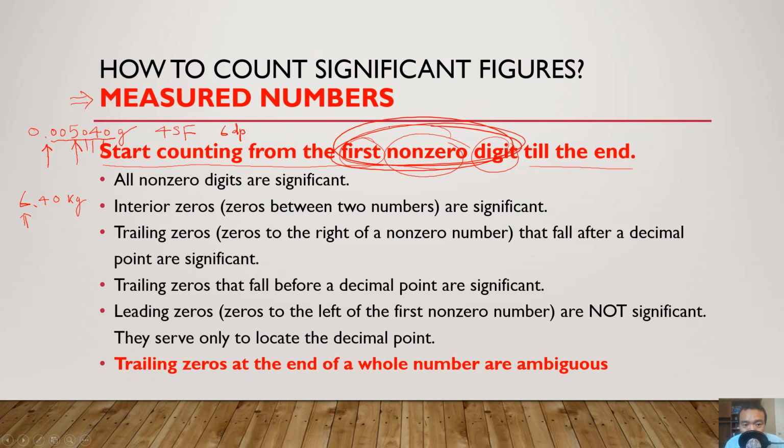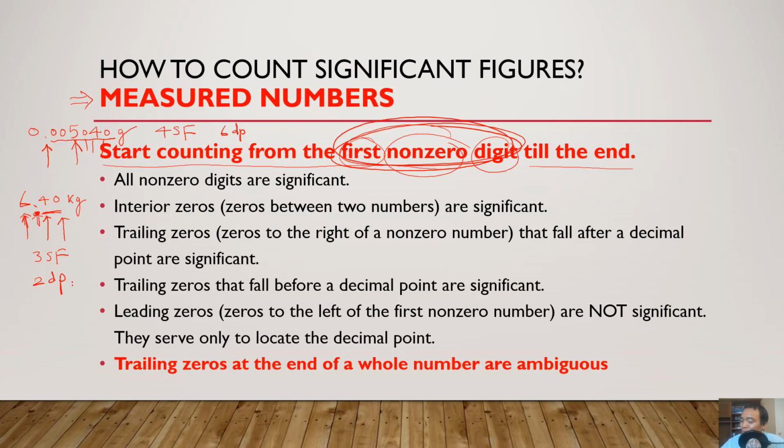That's what you look for when you do the sig figs for the measure number. So that's 1, 2, 3. That's 3 sig figs. Let's do another one. How about the number of decimal places? Decimal place, you look at the decimal point. So you have 2 decimal places over here, right? It's quite straightforward. Okay, all right.